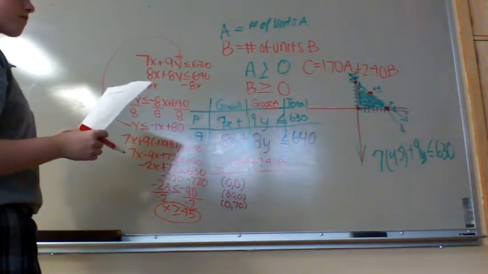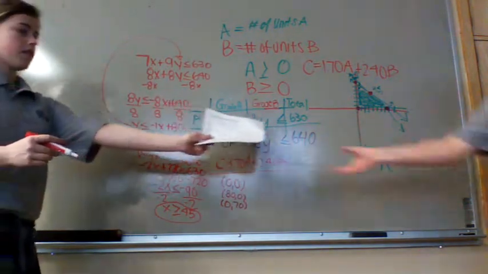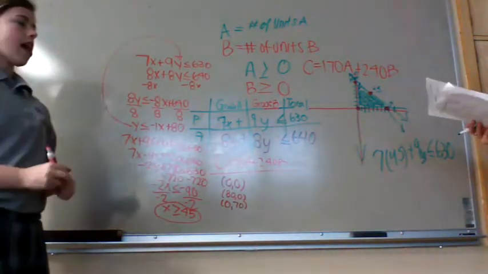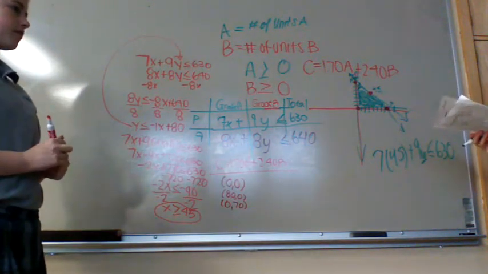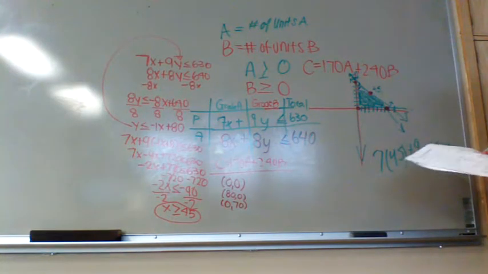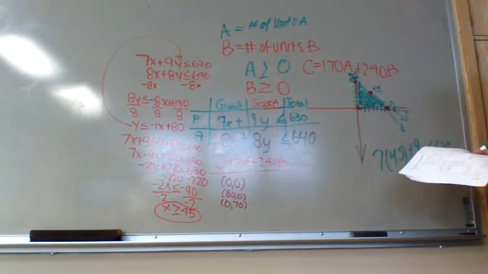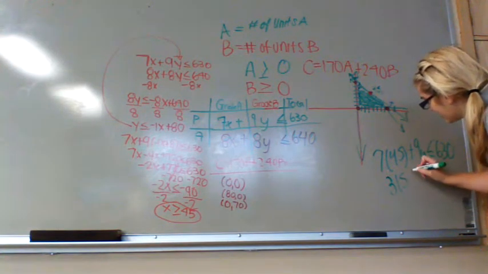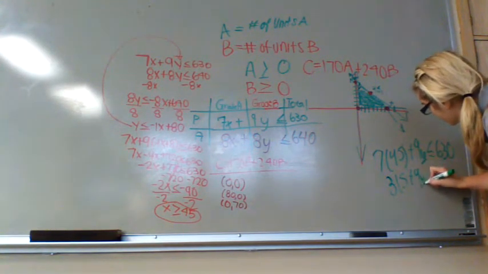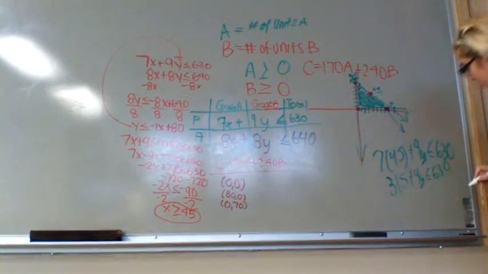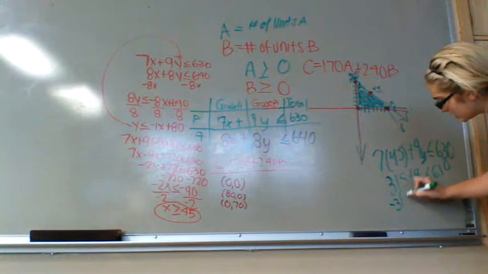And so 7 times 45 is 315. And then plus 9y is less than or equal to 630. And so you want to subtract the 315 from each side.